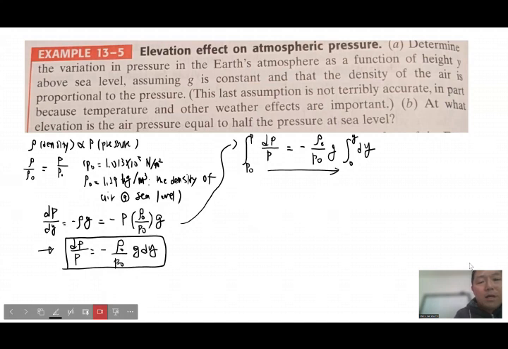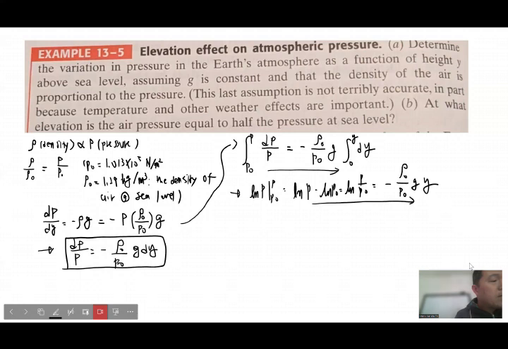The integral of 1 over P dP is a log function. So that is the natural log of P minus the natural log of P naught, which is log of P over P naught, equal to minus rho naught over P naught times g times y.